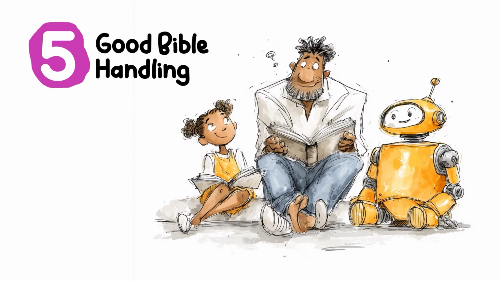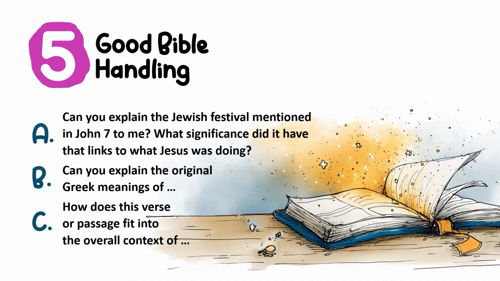So let's look at this whole area of good Bible handling. There are lots of things you can do with AI that will help you handle the Bible well, and I'll give you some examples of what I've used. A good example was when I was doing a Bible study with a young leader friend of mine, and we were looking at John chapter 7. It goes into the Feast of Tabernacles.